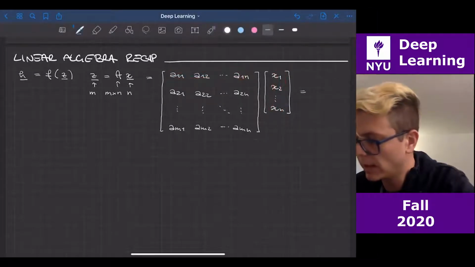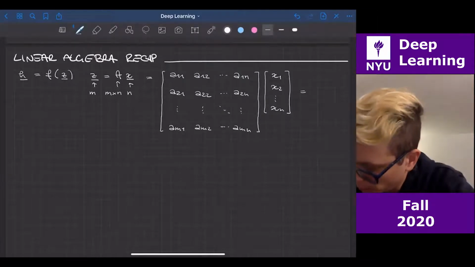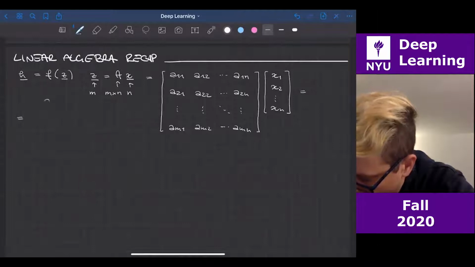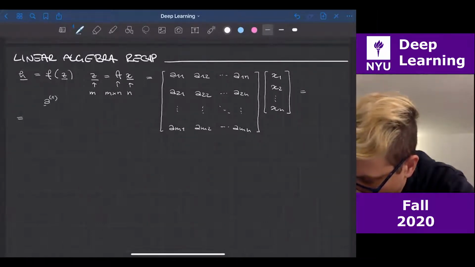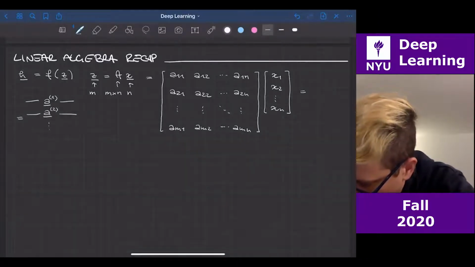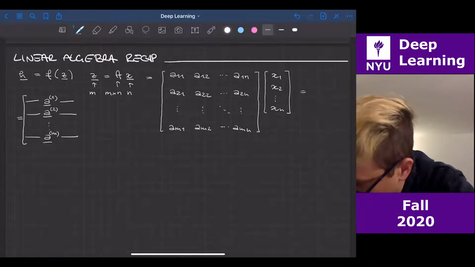So I'm going to just write down the obvious. We have now that my matrix can be written as being my first row, A1, then my second row, A2, until I get the last row, Am. Okay, so these A's are already rows.